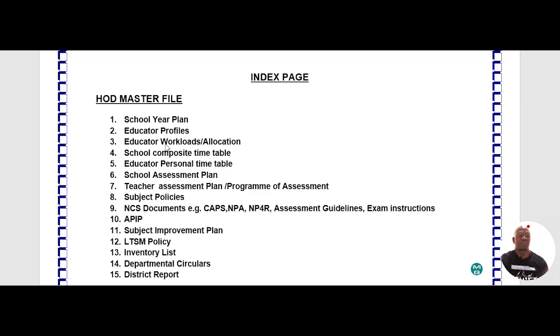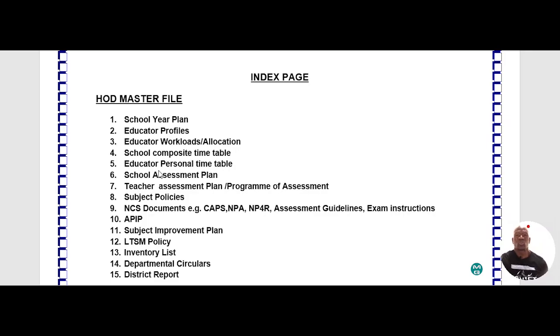Moving right along, we're going to look at the next one, which is the school composite timetable. So here, as it indicates, this is where the HOD is going to put the composite timetable as generated, for instance, maybe from SASAMS, the time design, okay, or any other program.